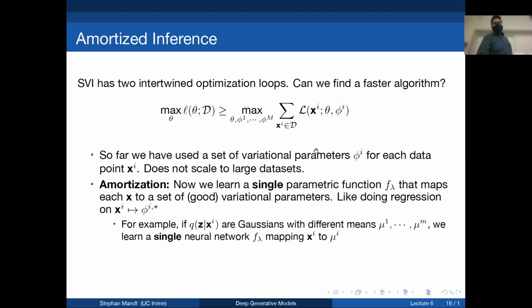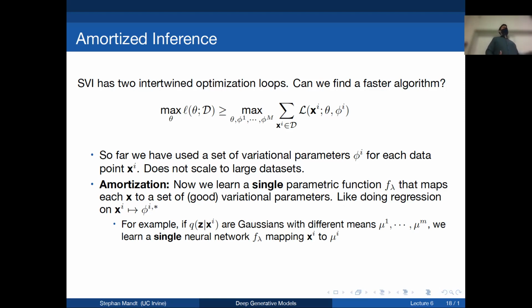But let's get back to this idea of amortization. We want to avoid the double loop structure of stochastic variational inference that we discussed before. Instead of optimizing per data point variational parameters phi i, we're predicting these optimized variational parameters phi i star based on features of the data xi. This now replaces the variational parameters phi i by a global set of variational parameters.